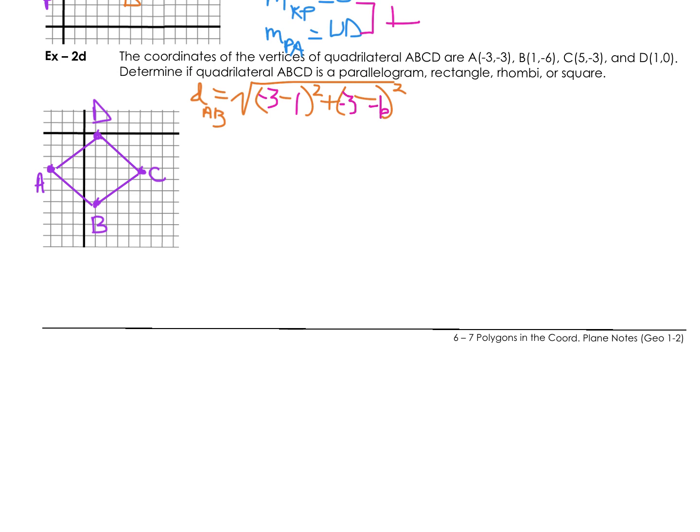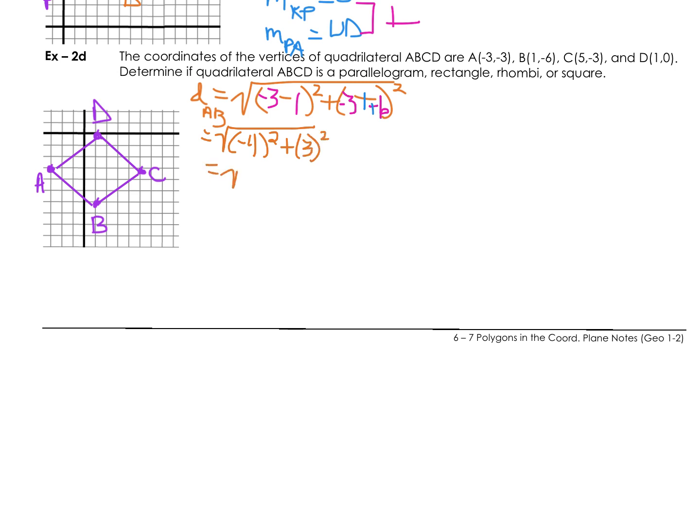I will take care of any double negatives. So there we go. And then I'm just going to do the math. So -3 minus 1 is a -4 squared, plus a -3 plus a 6 is a +3 squared.